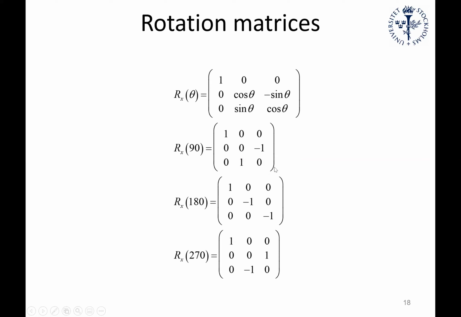So actually this matrix here, 1, 0, 0, 0, 0, -1, 0, 1, 0, corresponds to a rotation of 90 degrees. And similarly for 180 degrees and 270 degrees. For special rotations like 90 degrees, 180 degrees, you end up with just a lot of zeros, ones, and minus ones in different positions.